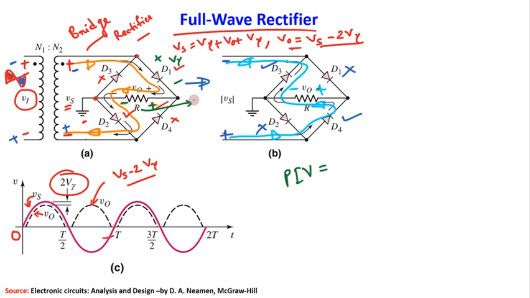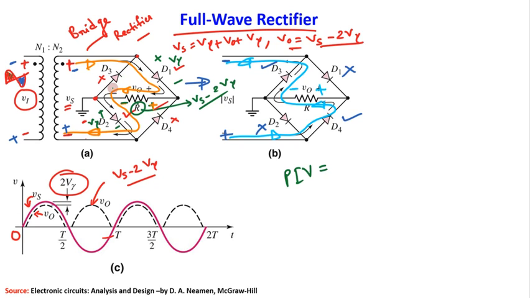This will be Vs minus 2 V gamma, right? We have already seen this. It will be Vs minus 2 V gamma, because another voltage drop of V gamma will also occur here. So this is the drop across this resistance R.